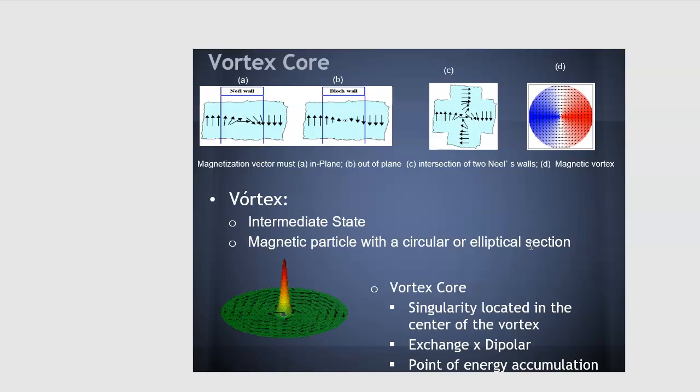It is an intermediate state in magnetic particles with a circular or elliptical section, and it is very important because it is a dipole-free configuration, which is interesting not only from the hyperthermia point of view but also for understanding the basic physics.